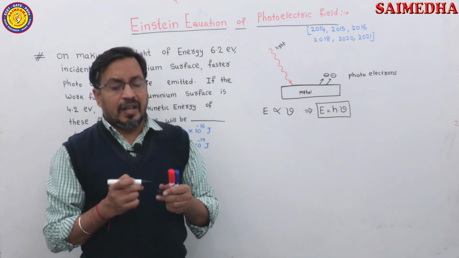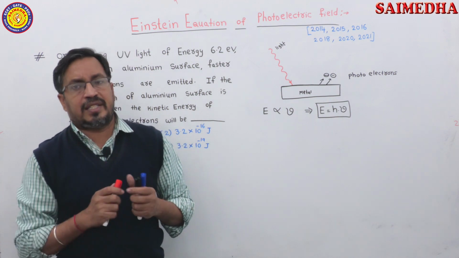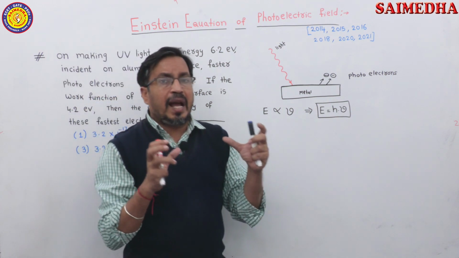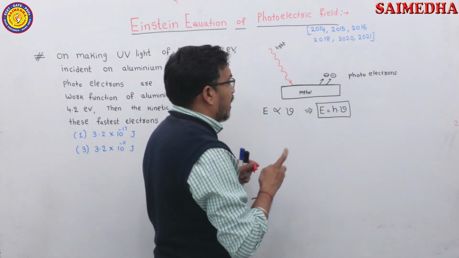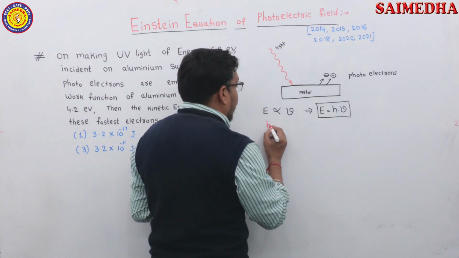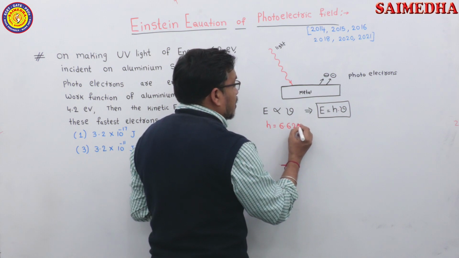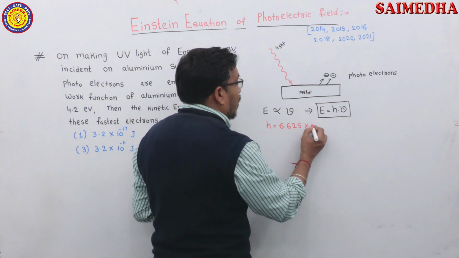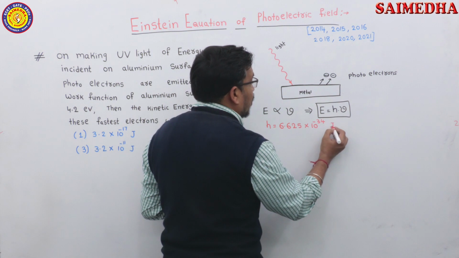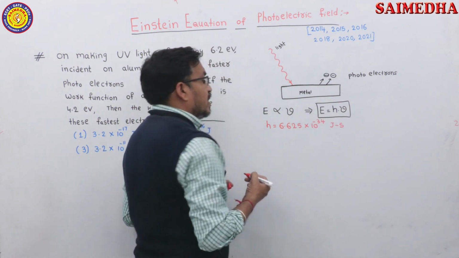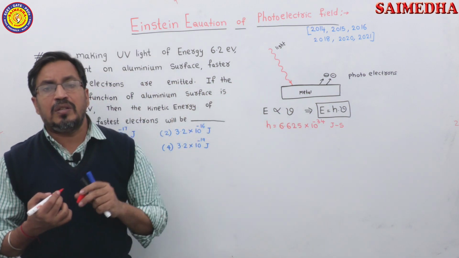Here students must remember 2 points. What is h? h is Planck's constant. Remember, h equals 6.625 into 10 power minus 34 joule second.